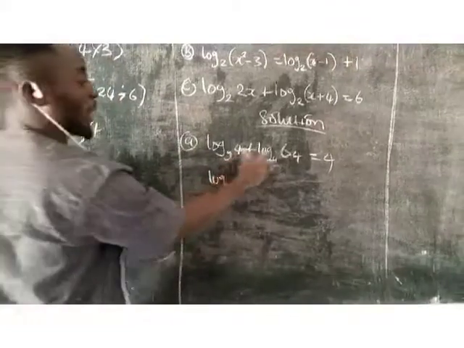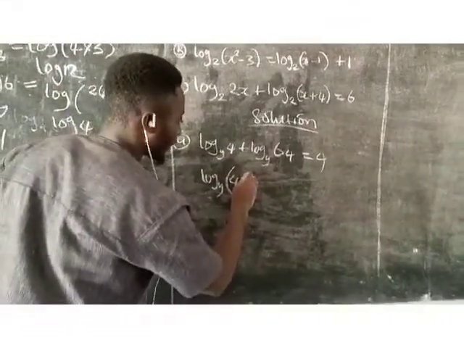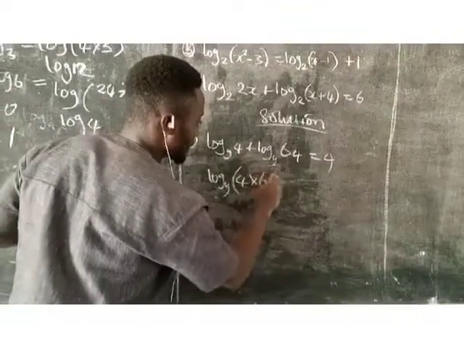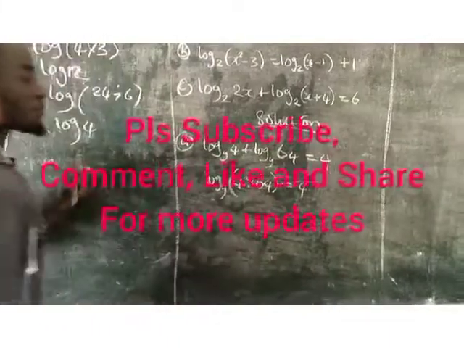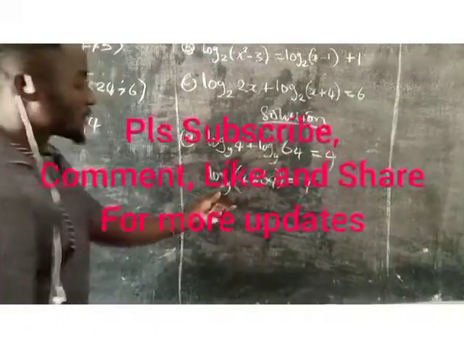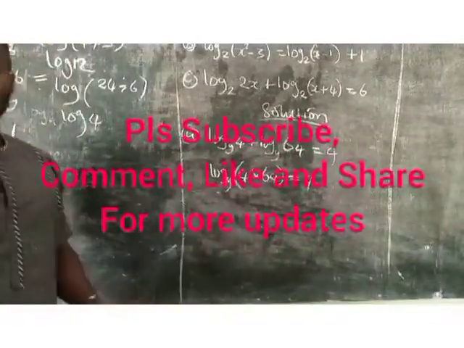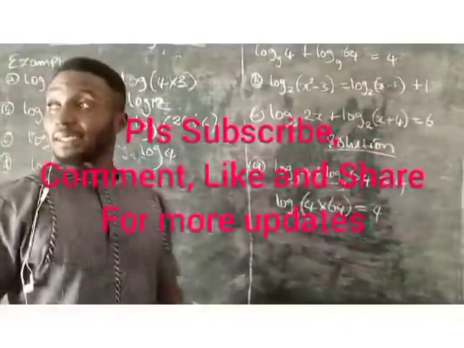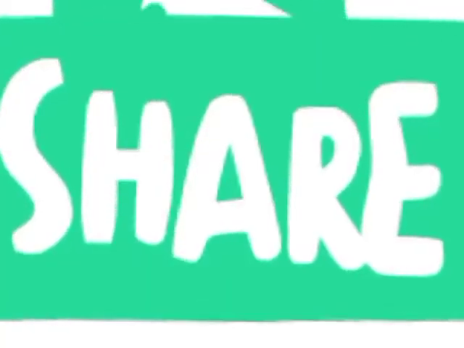Since it's addition, we are going to multiply: log y of 4 times 64 is equal to 4. And this can be written as 4 times 64.